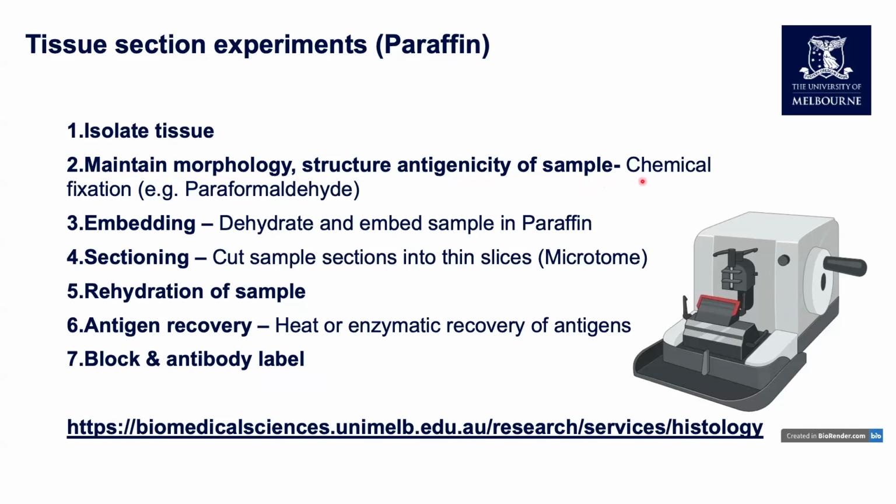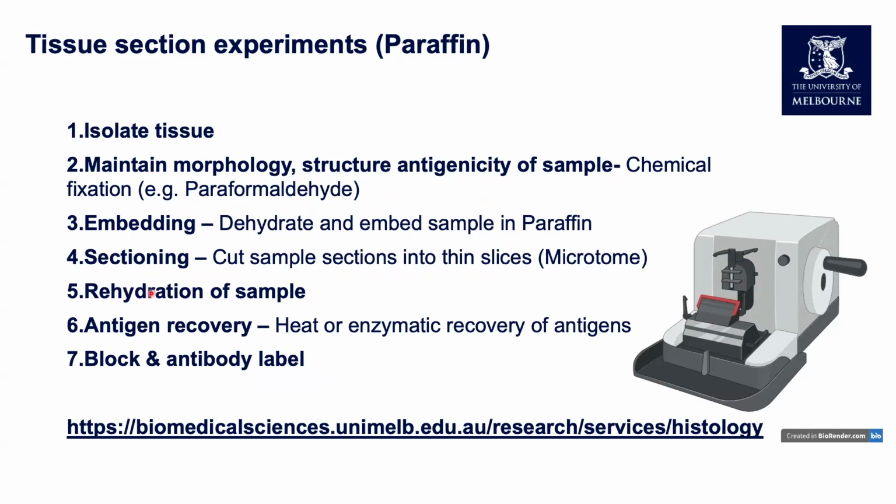Again, this is normally through some form of chemical fixation, normally formaldehyde-based. We would dehydrate initially and then embed the sample into a paraffin block. We would then use a microtome, as pictured here on the right-hand side, to cut this into very thin sections.